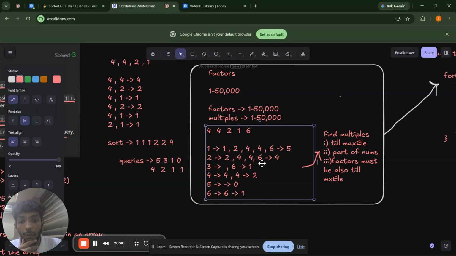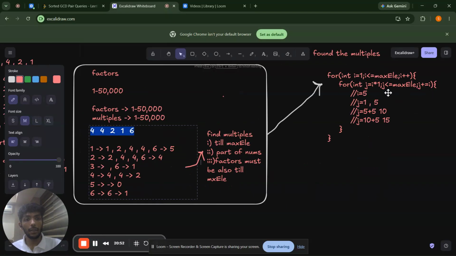Okay, so you have found out that we also need to find how many numbers each can be a possible factor for. Since we are not iterating this array, this for loop has nothing to do with this array. We are finding all the factors, and for all factors we are finding their multiples.